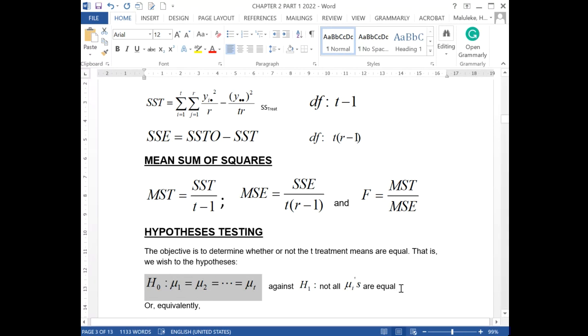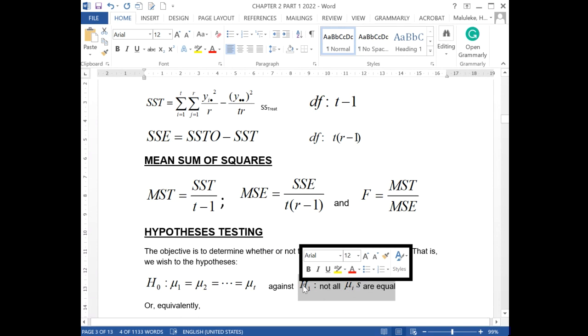But if you agree with the alternative hypothesis, you are simply saying some of these methods are not the same. Maybe method A is better than method B. So now you can advise the university that if you want your students to perform well, use this method instead of this method.